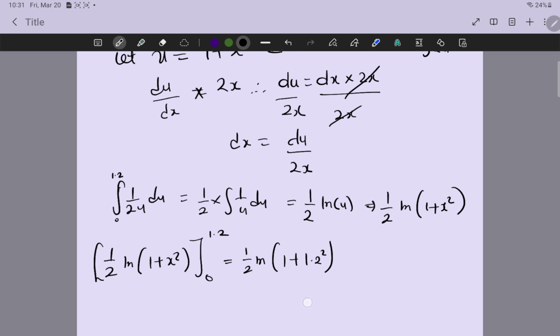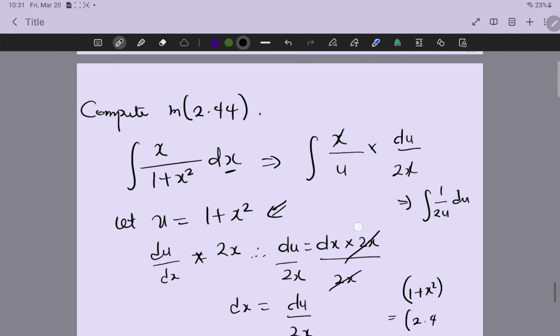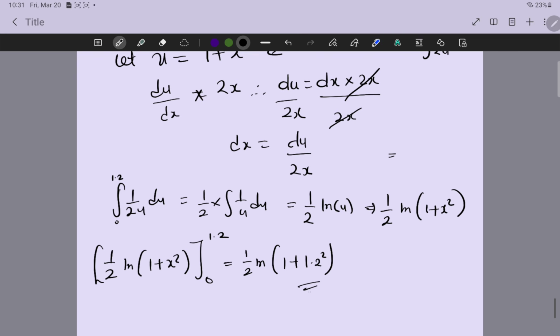Did you know how I got this? I compared 1 plus x squared with 2.44. I said ln 2.44. If you subtract 2.44 minus 1, this is what you're going to have.